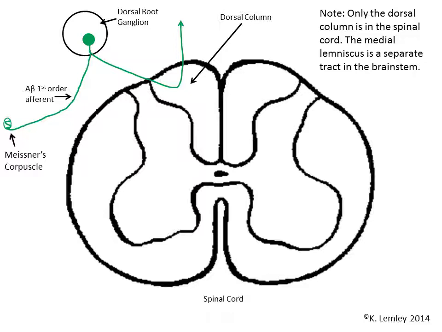Again, if this were coming from your foot or your buttock, we would be more medial. If we're coming more from the upper extremity or from the neck region, we're going to be more lateral. But it enters the dorsal column and then it ascends up to the brainstem.